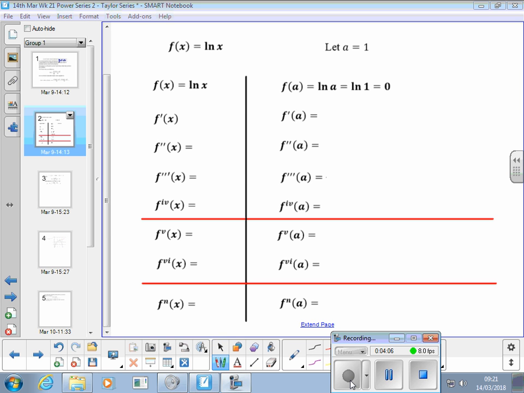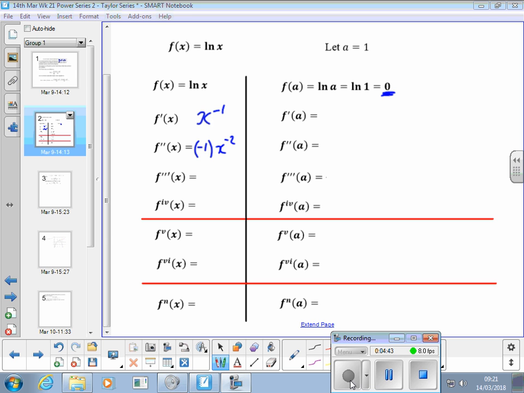Right, so differentiate. This being equal to 0, by the way, means there's no constant in the power series. When we differentiate ln x, we get 1 over x, which we can write as x to the minus 1. If you go through the process of writing out in longhand what the differentials are, that becomes minus 1 x to the minus 2.